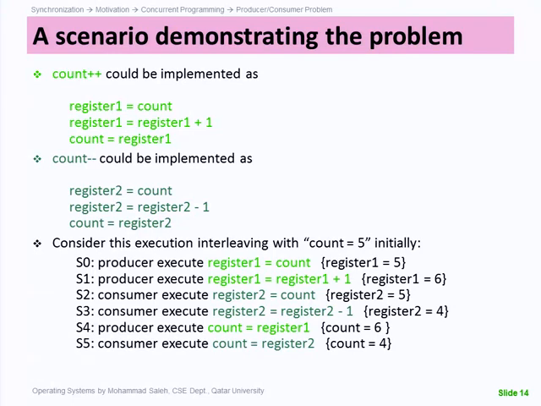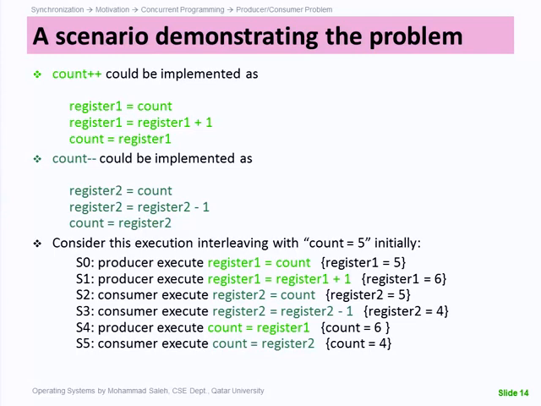3 instructions, okay? Now, let's follow this scenario. We have count equals 5. We look at the system, we found count equals 5. There are 5 items. And now, at this point of time, we have the producer executing the insert.